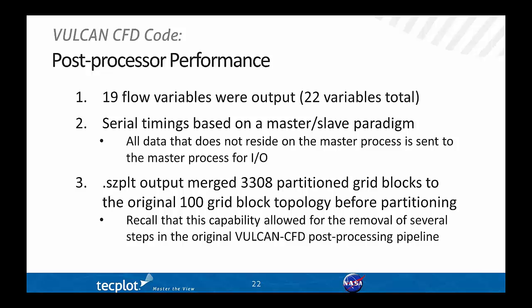The grid was partitioned into 3,308 blocks, so lots of little blocks, and I used the partitioned I/O capability of .szplt to merge those into 100 grid blocks, which was the original grid topology prior to partitioning for load balancing. And again, being able to do this with the TecIO libraries allowed us to remove several post-processing steps from the original VULCAN post-processing pipeline.